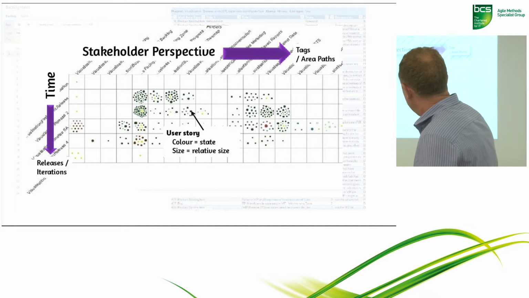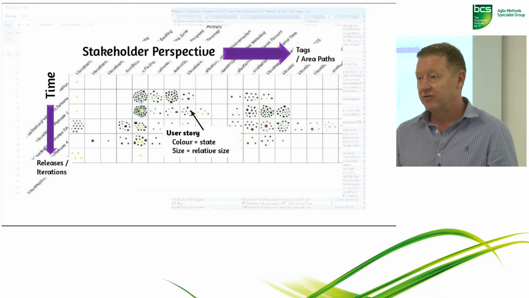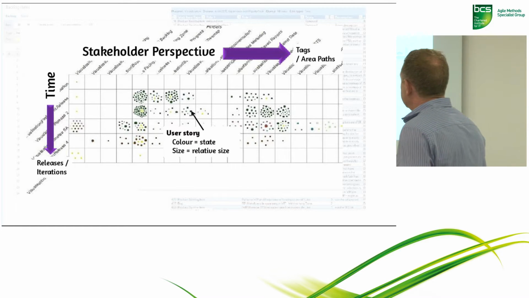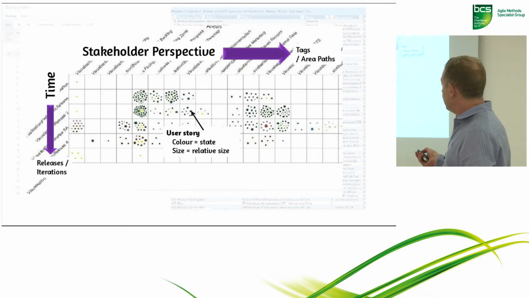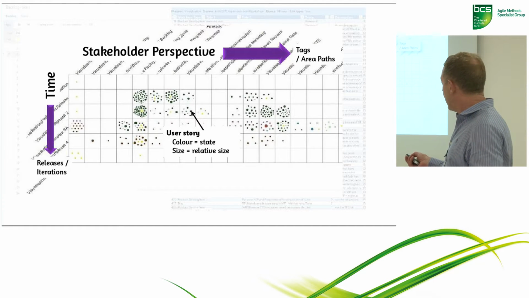And then the color represents the state of a piece of work, and the size represents its size. So very quickly, I've got a story here. These are historical releases that we've done in the past. This is the current one in the middle, and these are ones in the future.